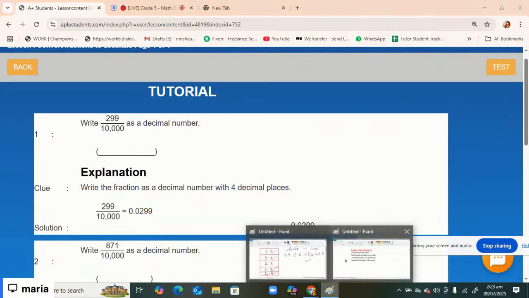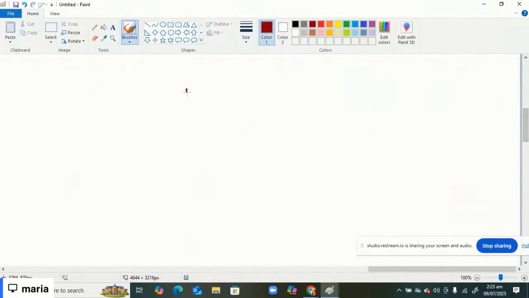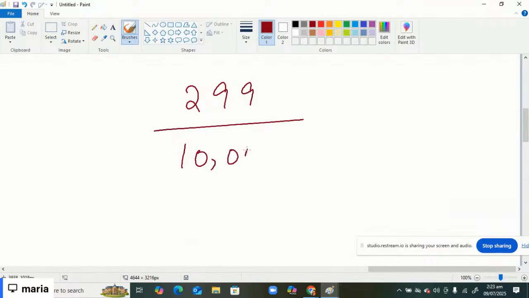So when we are going to write 229 divided over 10,000, how can we solve it? Look at here, this is the form of the fraction. Okay, this is your fraction part.